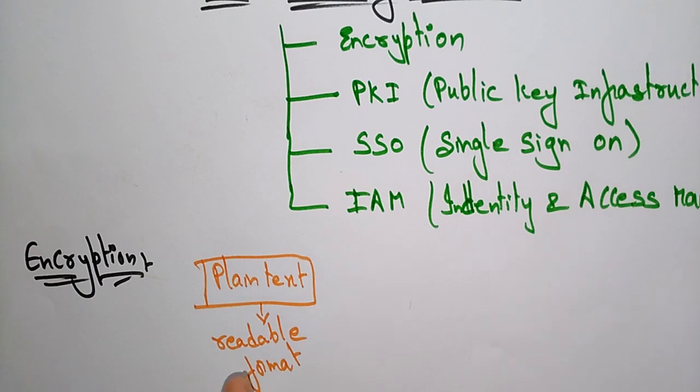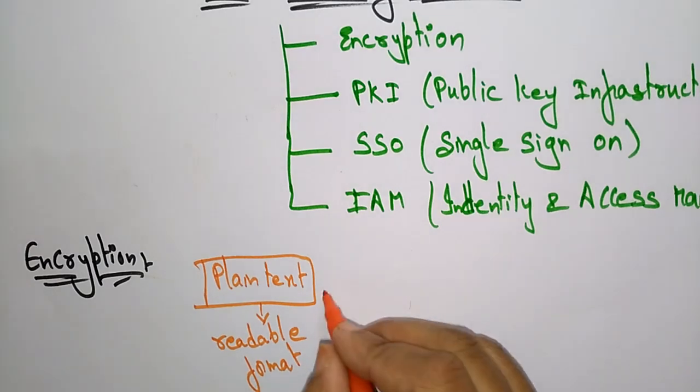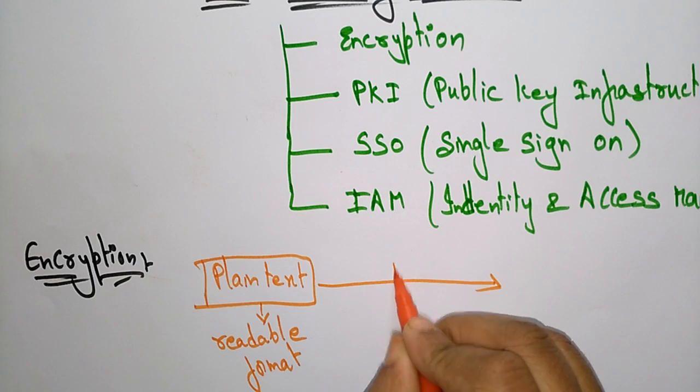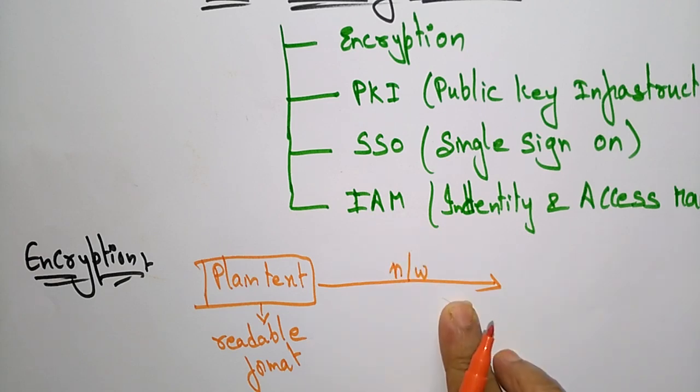When we transmit plain text over a network, suppose if you want to transfer the data over a network, there is a chance for hacking the data. Suppose you want to send some confidential or private information to one of your friends through the network, such as PIN numbers, or debit card or credit card details.